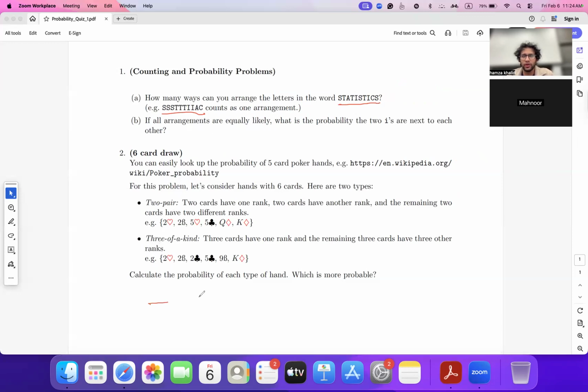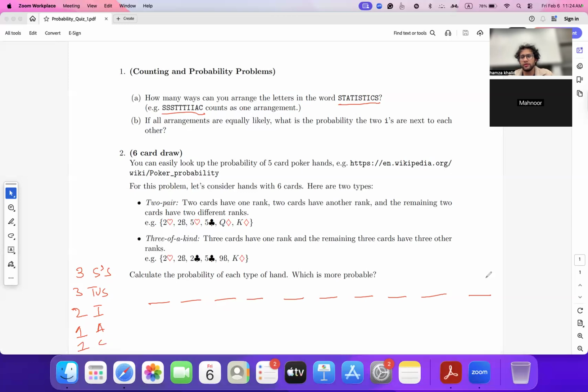So what I would like to think about is that you have 10 slots. So 1, 2, 3, 4, 5, 6, 7, 8, 9, and 10. And you have these three S's, three T's, two I's, one A, and one C, right?